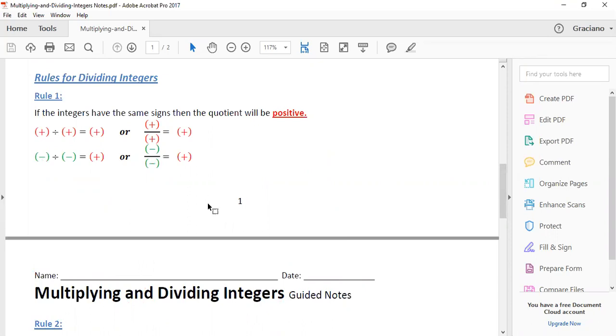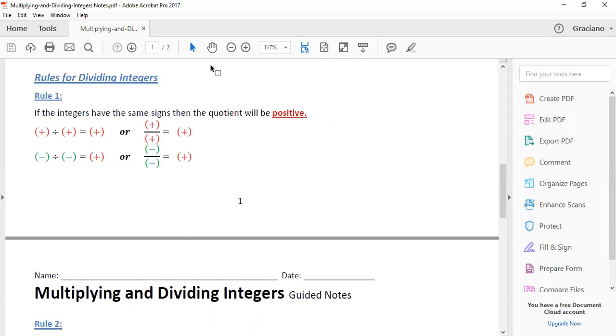If the integers that I am dividing have the same sign, my answer will be positive. So if I'm dividing two positive numbers, my answer will always be positive. If I'm dividing two negative numbers, my answer will always be positive. So negative 4 divided by negative 2 is going to give me a positive 2.